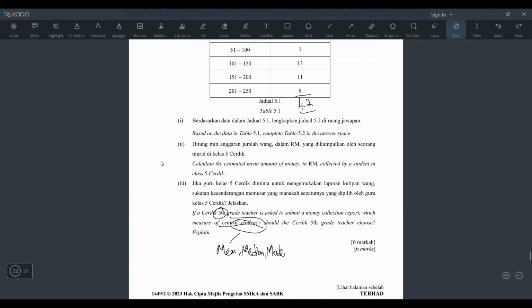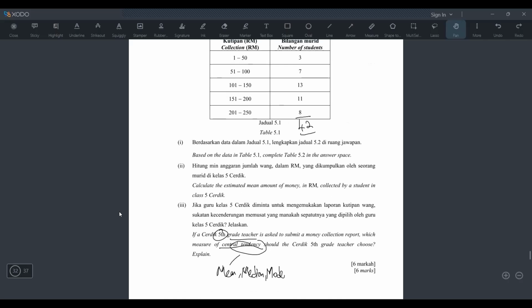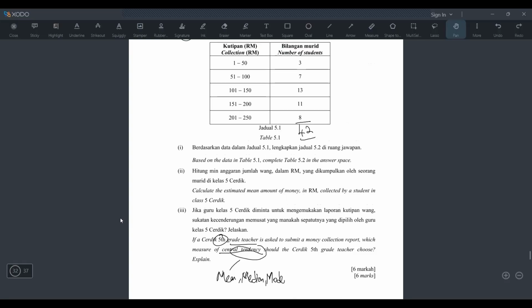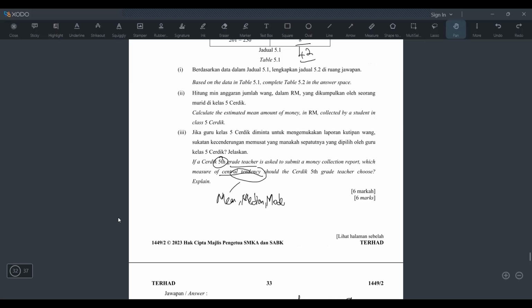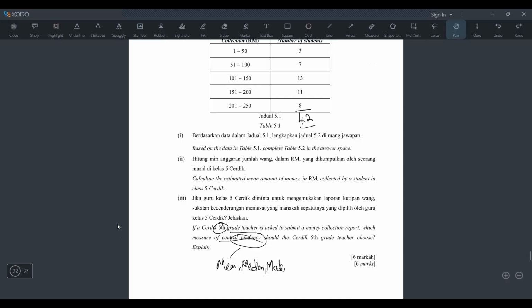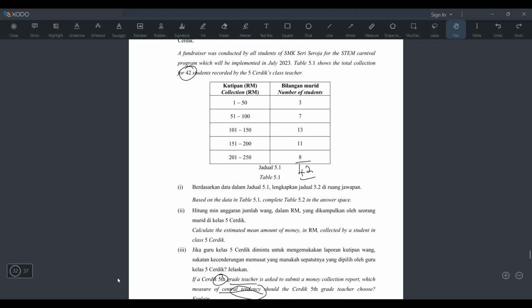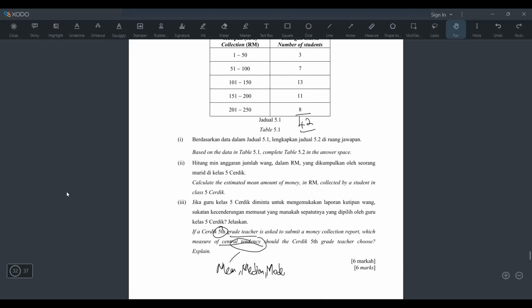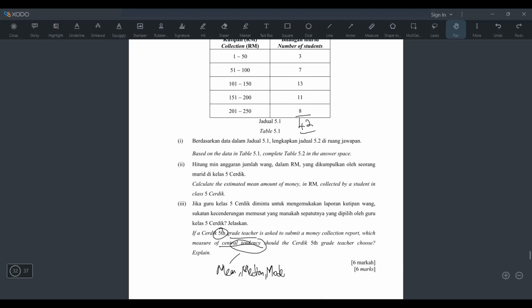Okay, so collection. Which one is suitable? A teacher asked to submit money collection. So I think we can choose mean. Usually if we find median, we ignore a lot of values, right? And mode also, because this one is a fundraiser, right? A fundraiser means mean.